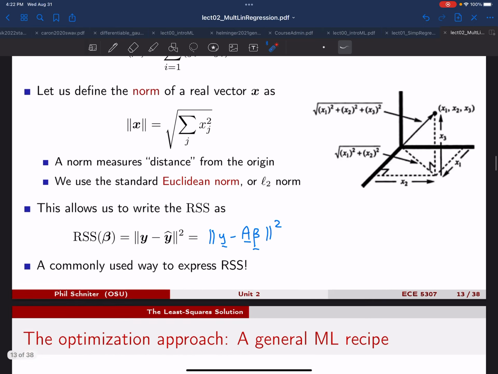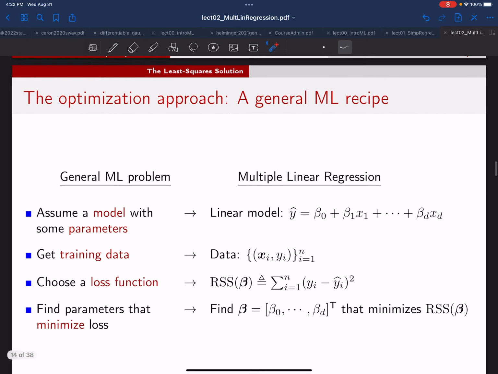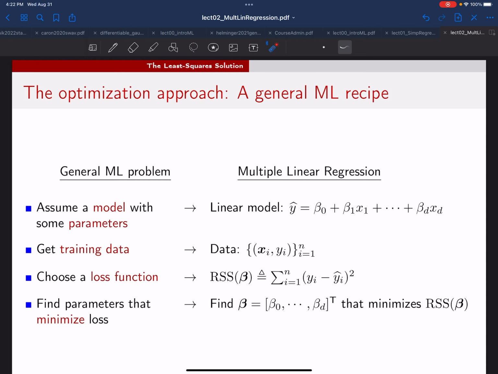Okay. All right, so we can just step back for a moment and reflect on what we've done. We're just applying this general machine learning recipe again. In this case, it's a slight variation of what we did in the last unit. So now we have a linear model that involves D features that relates those features to our target or our prediction, and it does so linearly.